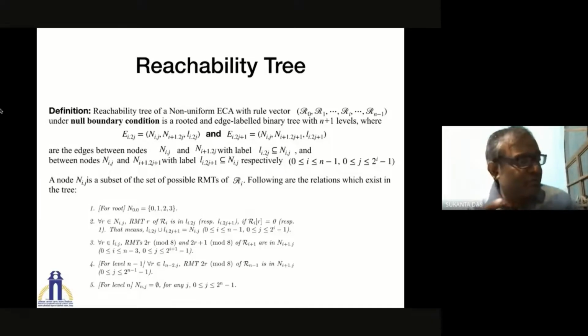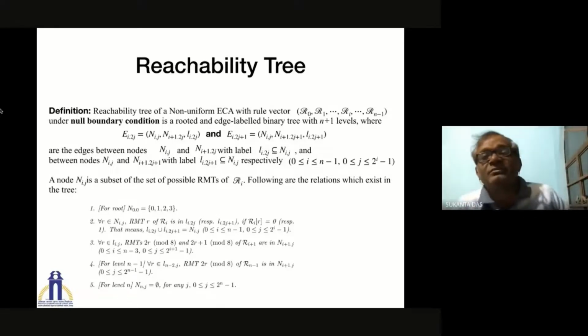So point number 4 is saying that only mod 2R, if R is the RMT of the previous level, is valid.